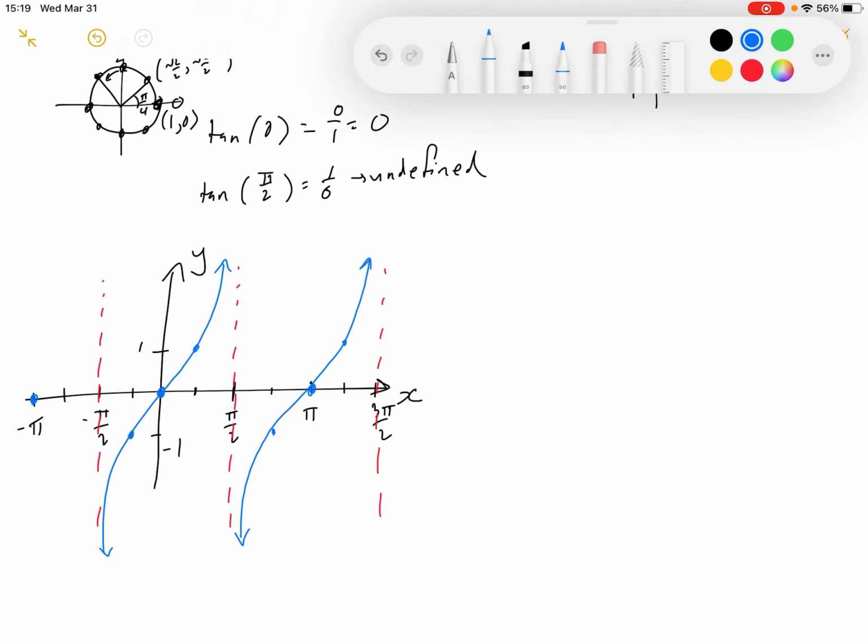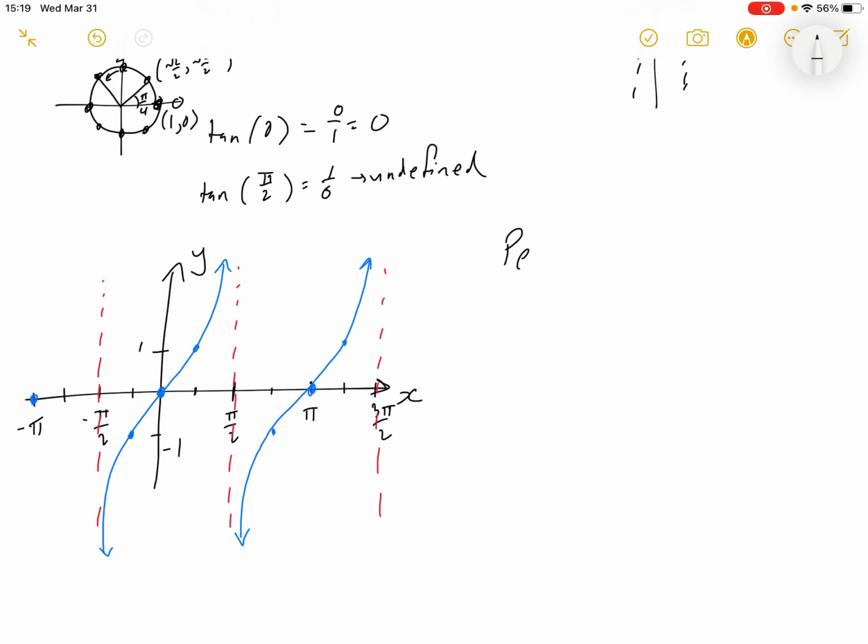So a couple of things to note about the tangent graph is that its period is not 2 pi like the other ones. This is the only graph, well, tangent and cotangent, this is the only one that has a period of pi. There's really no such thing as an amplitude because an amplitude is the max to a min value, and this doesn't have a max or a minimum because it goes to -infinity and infinity.